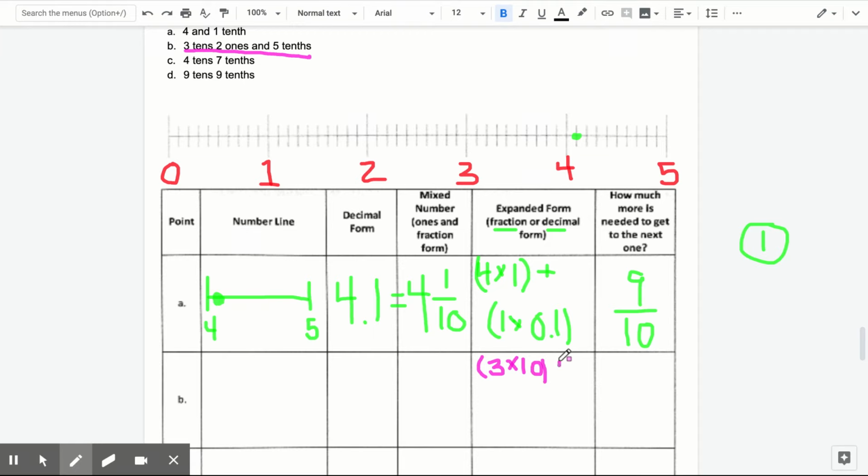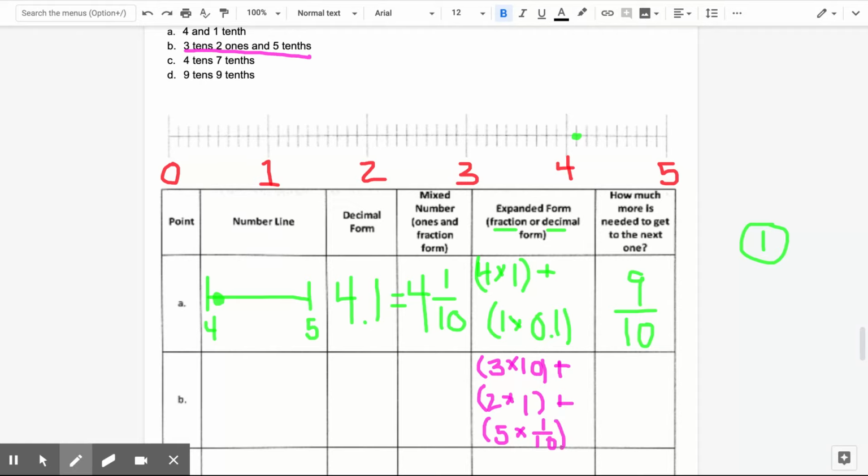And then plus 2 ones, which is going to be 2 times 1, plus tenths. I have 5 tenths. I'm going to do 5. This time I'll do the fraction version. Only difference is I'm writing it as 1/10 instead of 0.1.